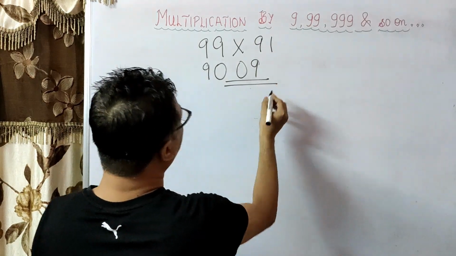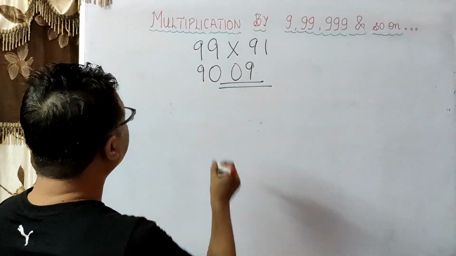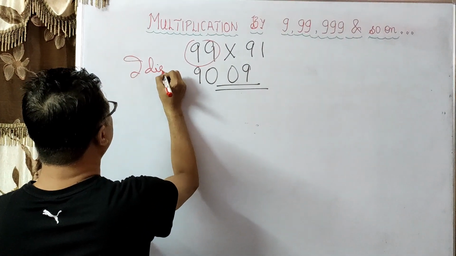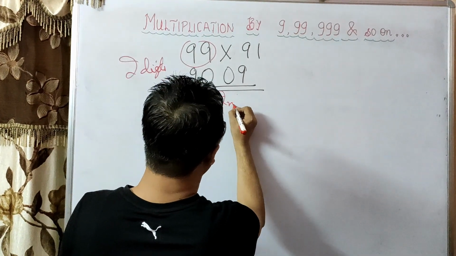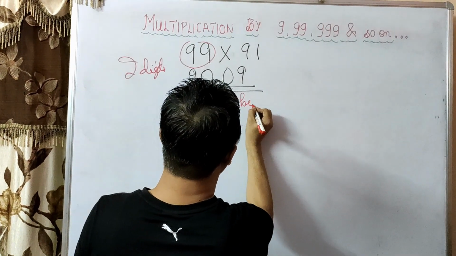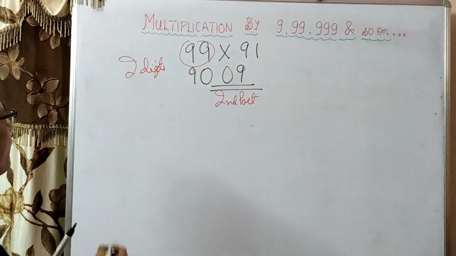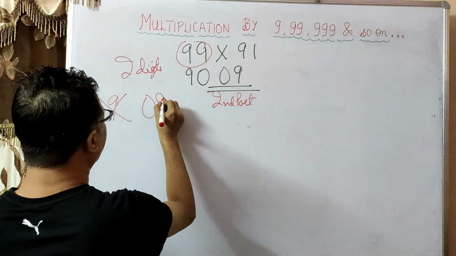Remember, because we are multiplying with 99, it has 2 digits. So the second part of the answer will have 2 digits. So we won't use 9, we will use 09.